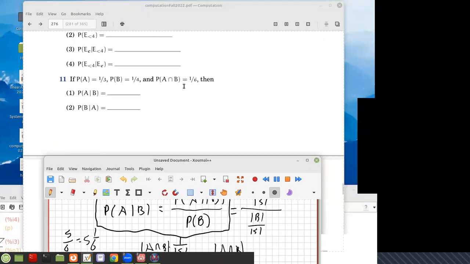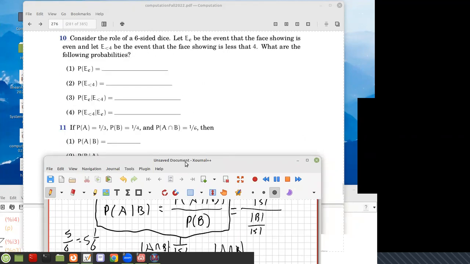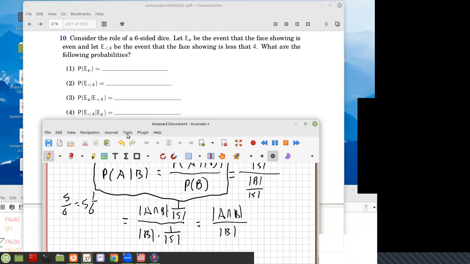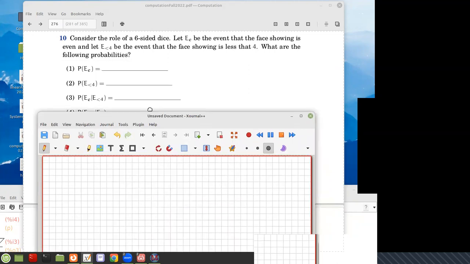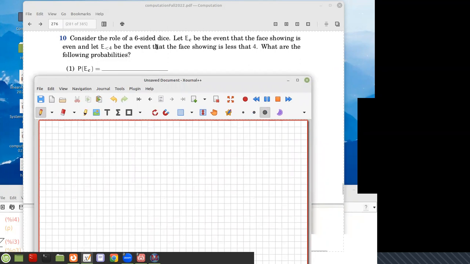Okay, so for the last few minutes of the class, let's look at some examples. Let me get some space here. We have a six-sided die, so we have the sample space being 1, 2, 3, 4, 5, 6, the number of dots on the face that shows turn up.